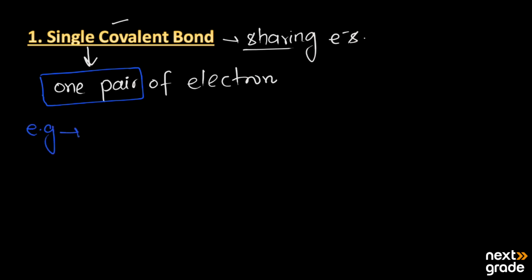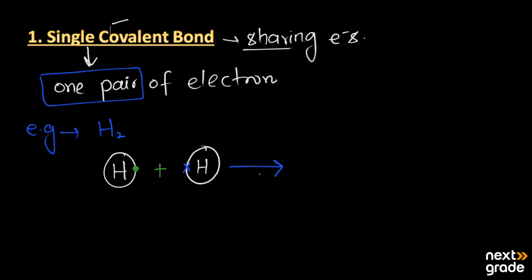The first example is the bond between two hydrogen atoms. The first hydrogen has only one electron, and the second hydrogen also has only one electron in its shell.